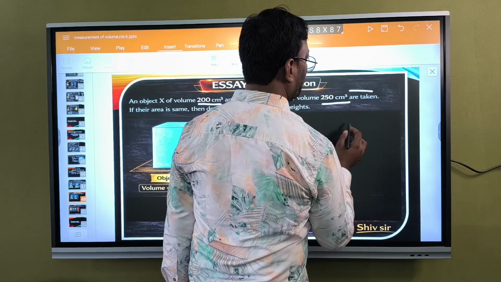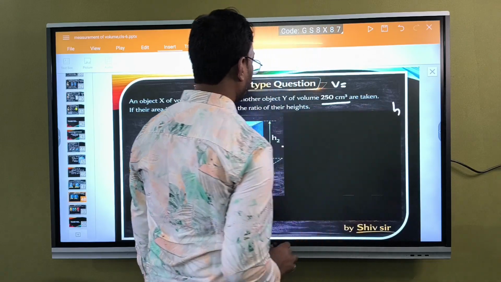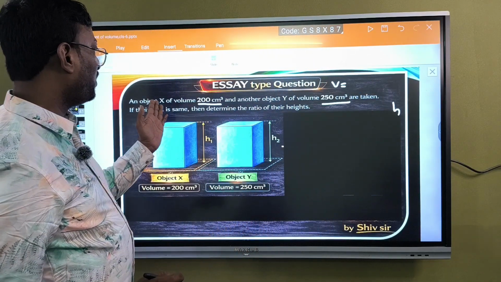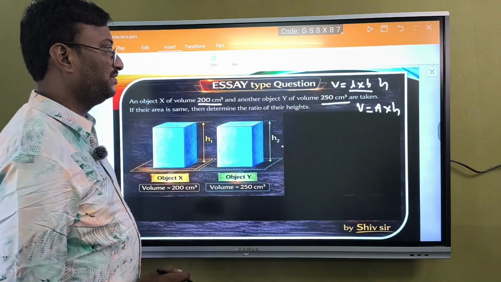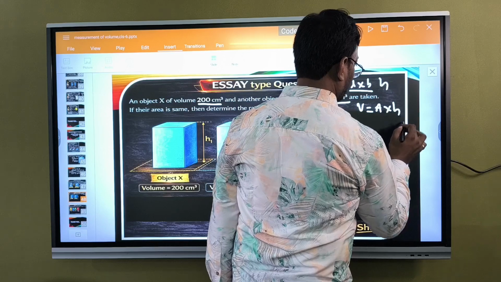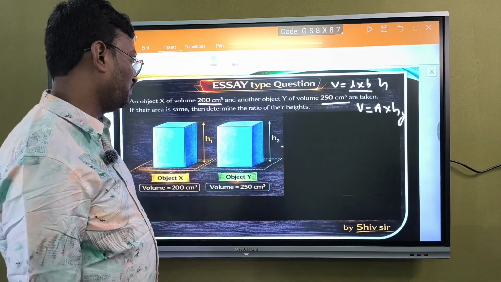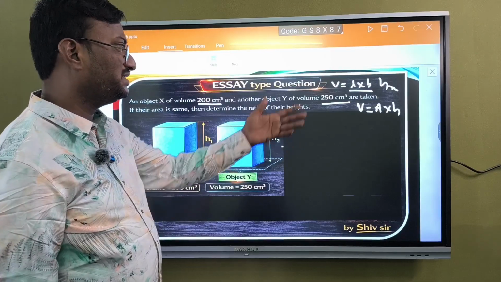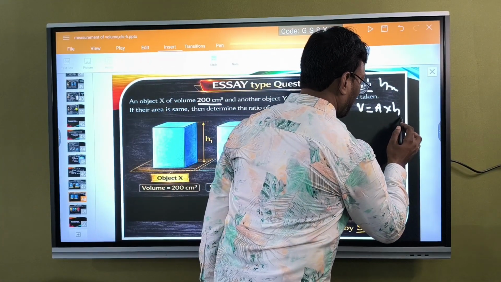Length into breadth will give you area, so volume is equals to area into height. So X will have the volume 200, Y will have volume 250. Let that height be Hx and Hy. You take it as Hx and Hy. We need to find the ratio. You can take it as H1 and H2 or Hx and Hy. It will be very easy for you to remember, children.